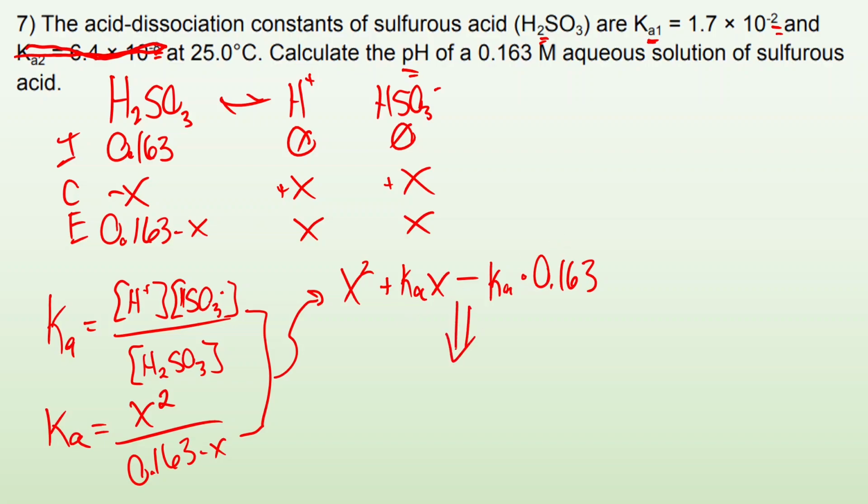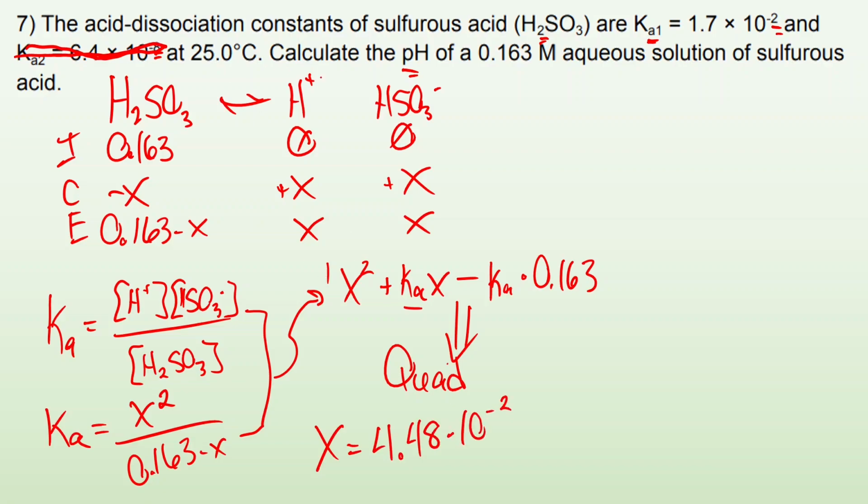Again, we use that a bunch of times. My A is 1, my B is Ka, and my C is this negative Ka times 0.163. And I end up with my X equaling 4.48 times 10 to the minus 2.